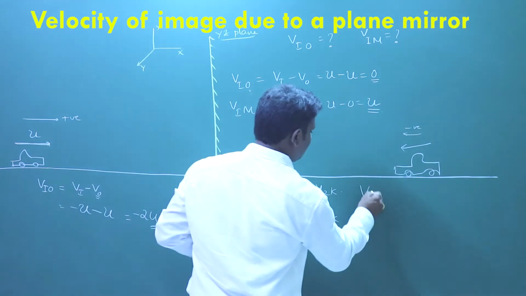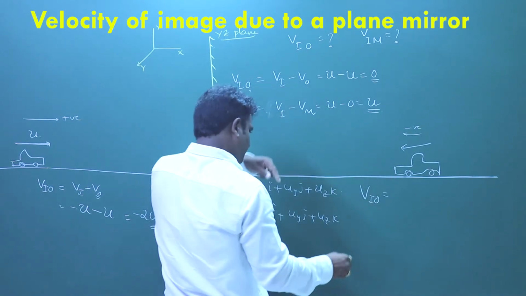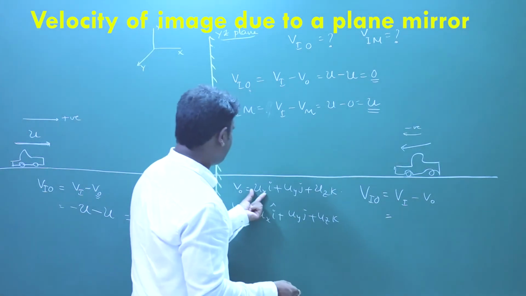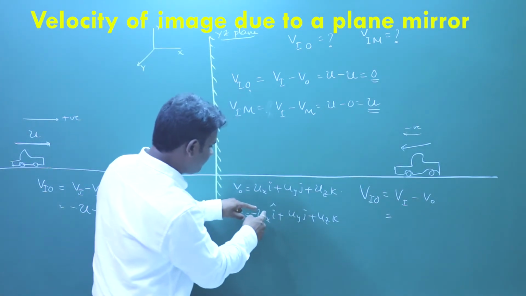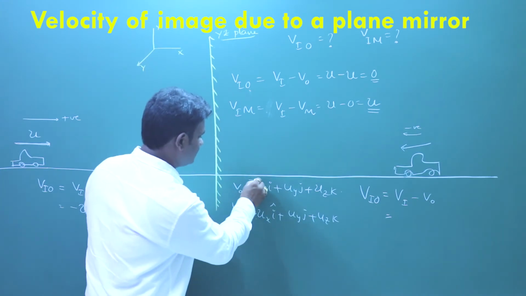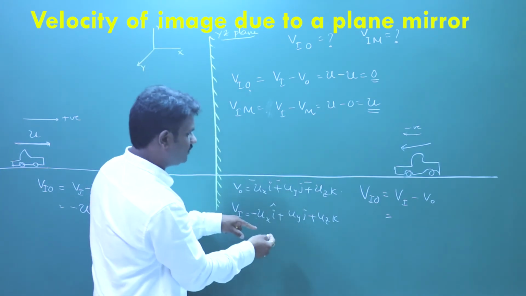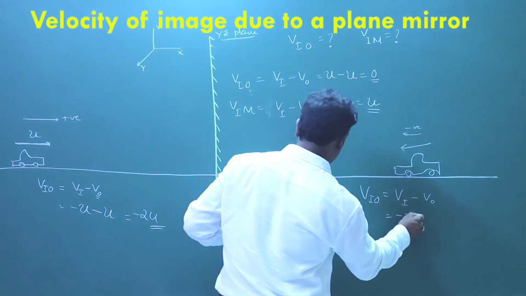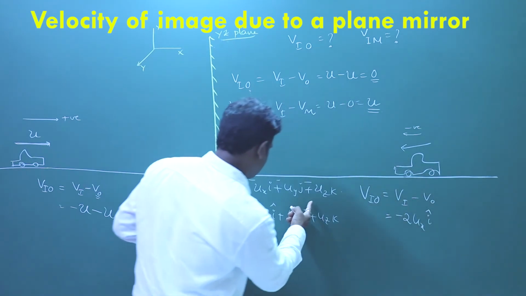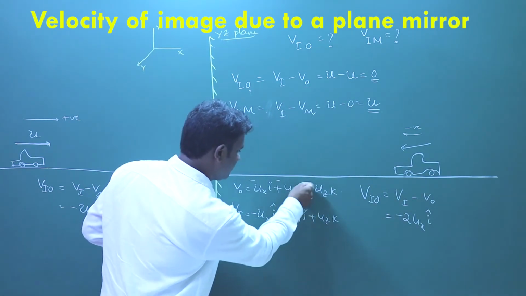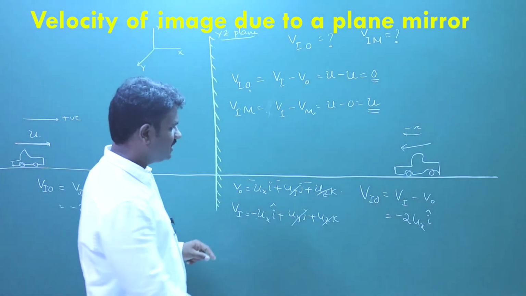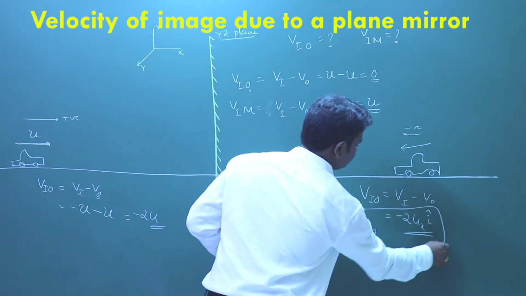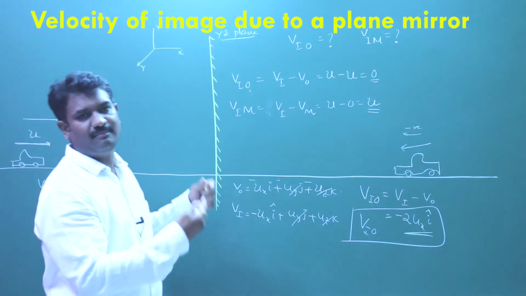Now, what is the velocity of image with respect to the object? That is equal to velocity of image minus velocity of object. When you subtract, the x component is minus u_x i minus u_x i, which is equal to minus 2u_x i cap, and the u_y j minus u_y j will be cancelled, and similarly the z component will be cancelled. Hence you are left with this one only, the velocity of image with respect to the object. The remaining you can also try in the same process.